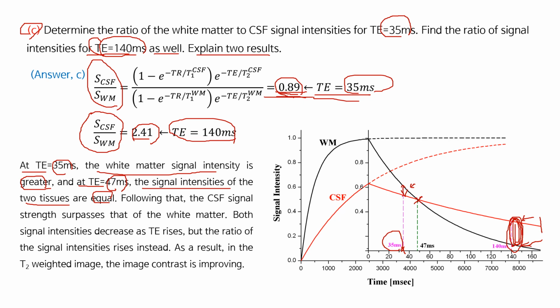Following that, the CSF signal strength surpasses that of the white matter.